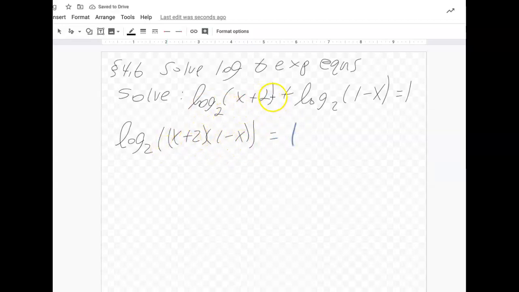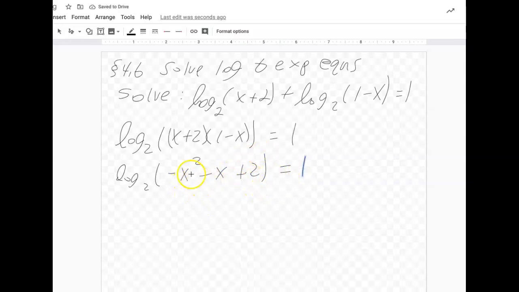So if you have that sum of logs with the same base, then you can multiply the arguments. So now let's just multiply those arguments even further. So we'll end up with negative x squared plus x minus 2x, so negative x, and then plus 2 will equal 1.